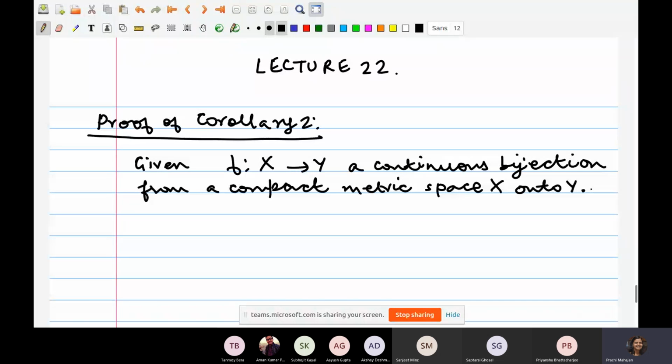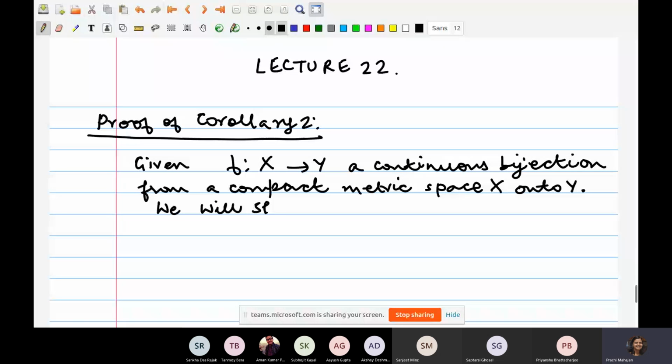Why is the inverse map defined? Defining the inverse map is not a problem as long as the function f is given to be one-one and onto, right? What is the content of this corollary? The content is that the inverse map is continuous. So let's write that down.